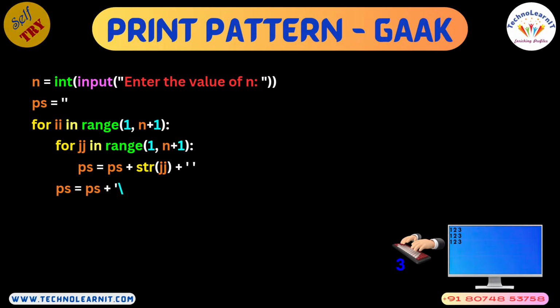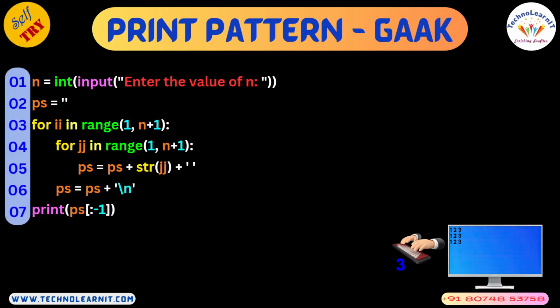But j, the inner loop, has to always start from 1 because every output line starts with 1. Keep that in mind. So this is the code, and finally you use the print function only once. By excluding the last single character, the new line character, you print everything that is built up within the print string. Using these 7 lines of code, you can achieve this.